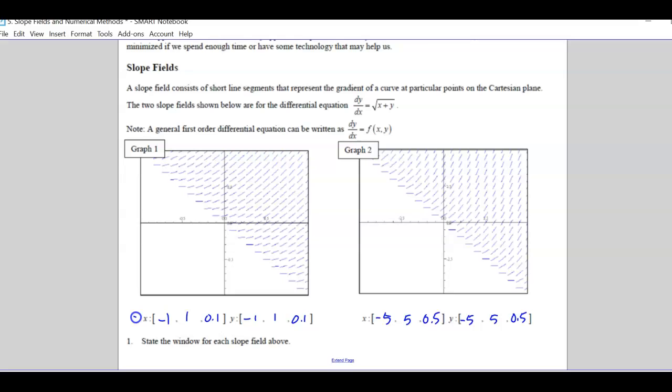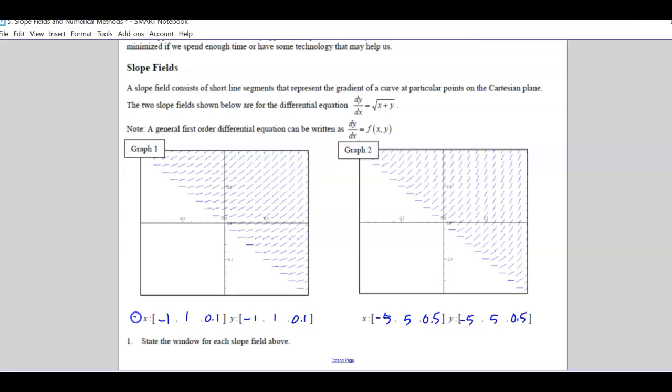So you would have more accurate, closer slopes. Obviously, you're only going in that domain, the x between 0 and 1, and y between 0 and 1, or -1.